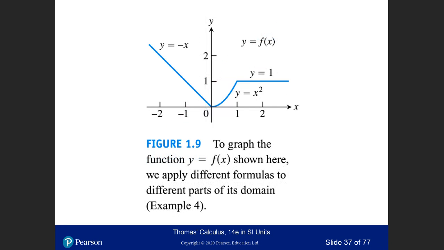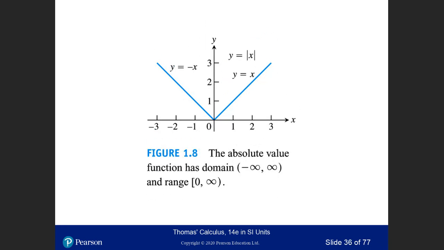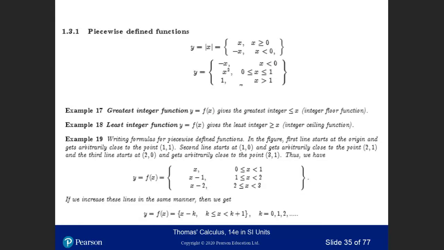Let's go back to functions. Okay, so these are two functions that are frequently used, the greatest integer function and the least integer function. These are piecewise defined functions. Formulas for piecewise defined functions: if you have a certain repetition, you can go on like this.